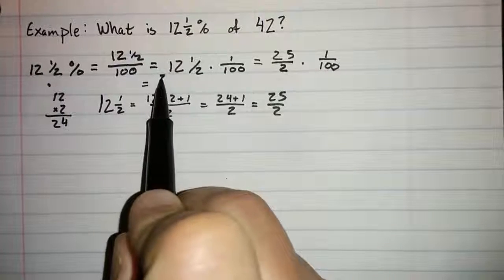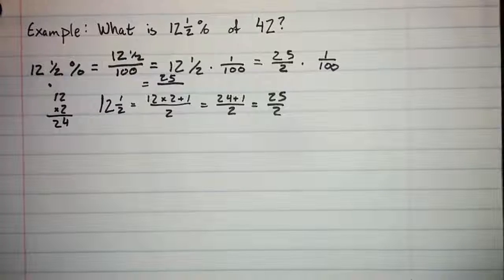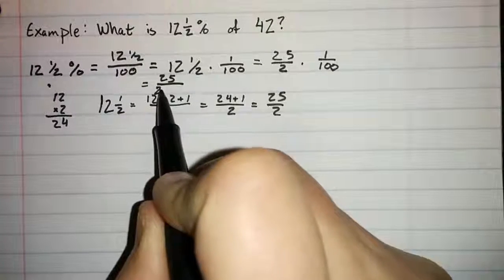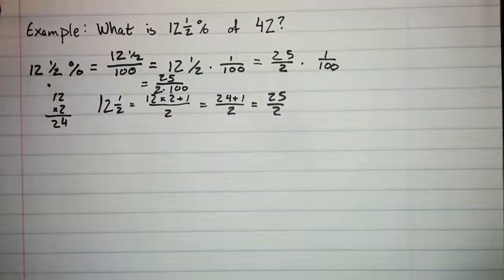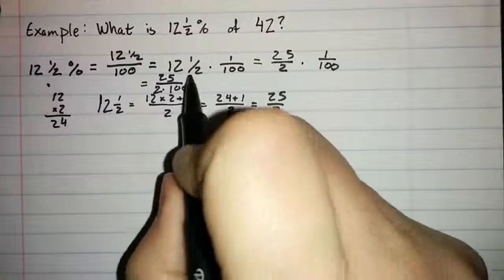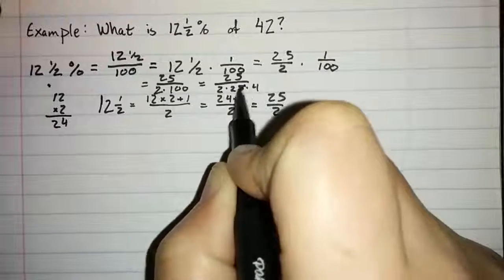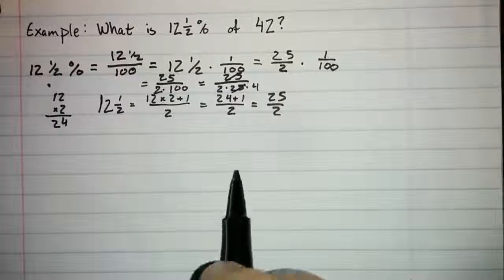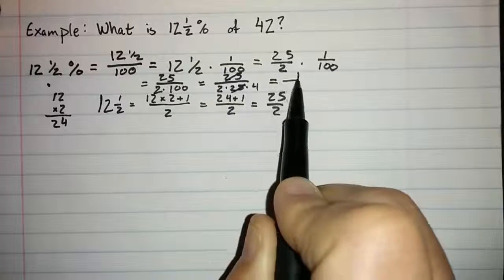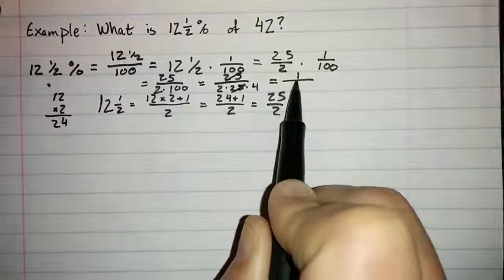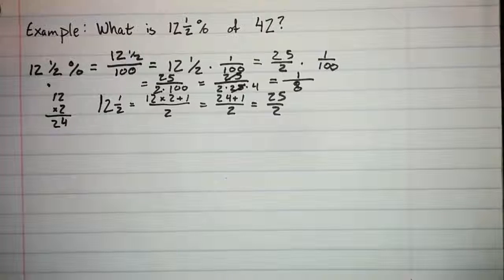That'll be 25 over 2 times 100. Vending machine math tells me that 100 is 25 times 4. So I'm left with, I've canceled everything in the numerator, so just a 1 is left. 2 times 4 is 8.